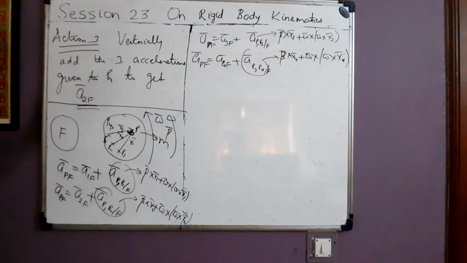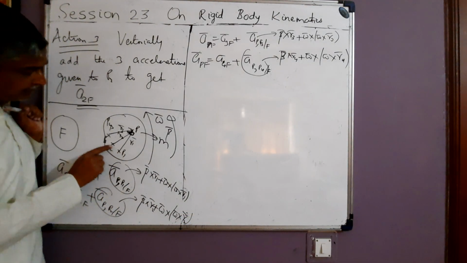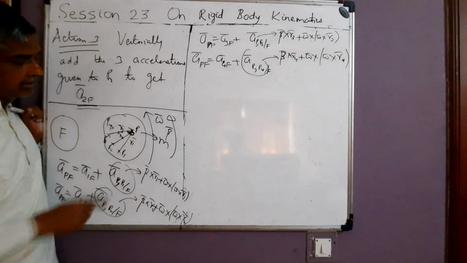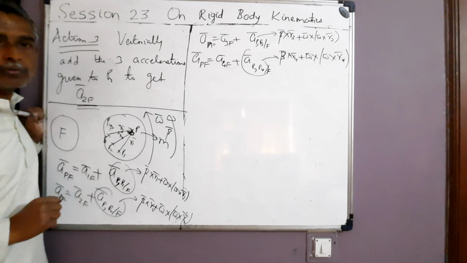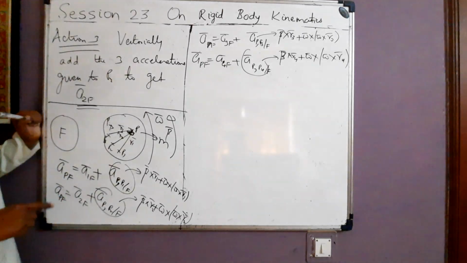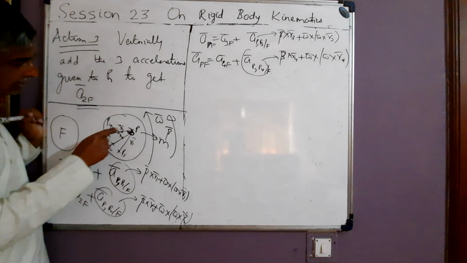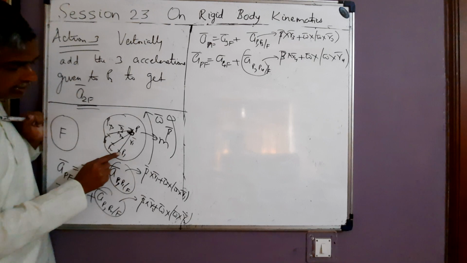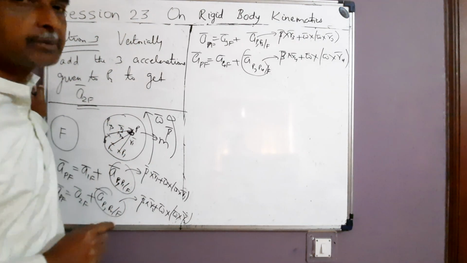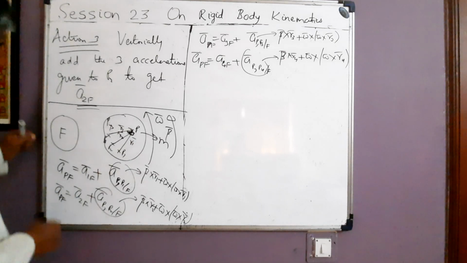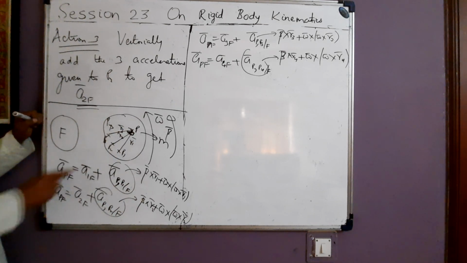So now, what is the first thing? Suppose we know the accelerations of P1, P2, P3, P4 with respect to F, and we have to find APF. What is the first thing which we have to do? Here we see all these APFs are same. So now we have to decide which point we should select, such that using the acceleration of that point we get the acceleration of P with respect to F. If we select P1, we can find AP using this equation.